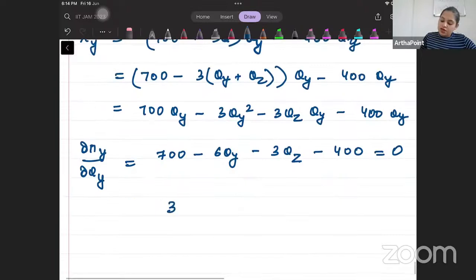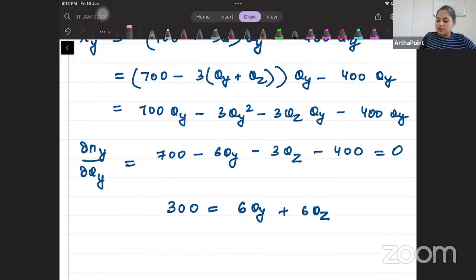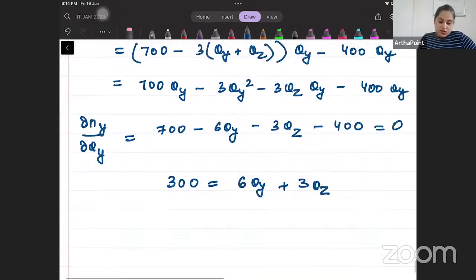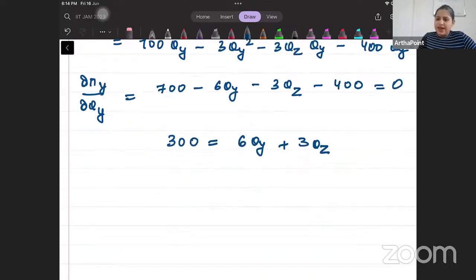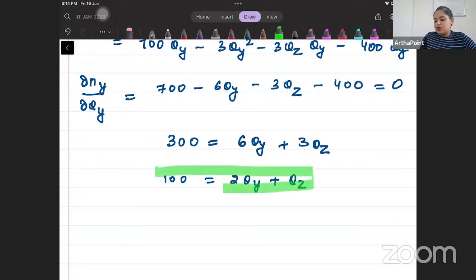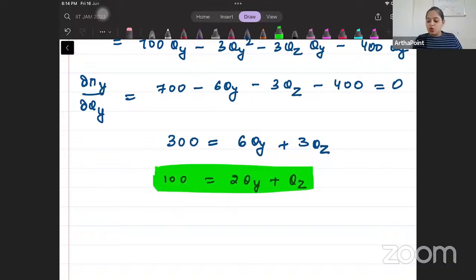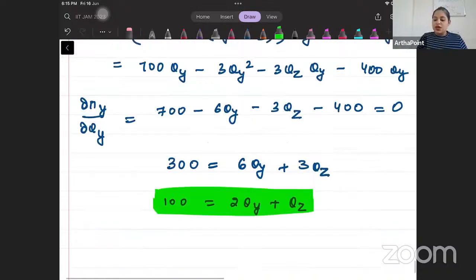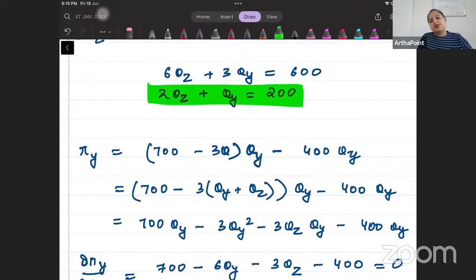So you will get 300 is equal to 6 QY plus 3 QZ. Dividing by 3, 100 is equal to 2 QY plus QZ. This will be your second equation. So two equations: 100 is equal to 2 QY plus QZ, and 200 is equal to 2 QZ plus QY.